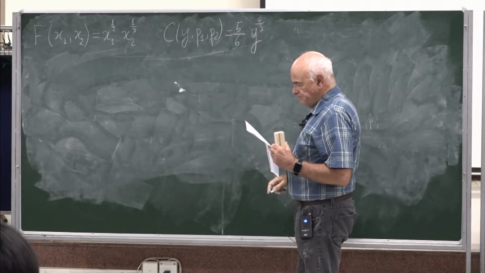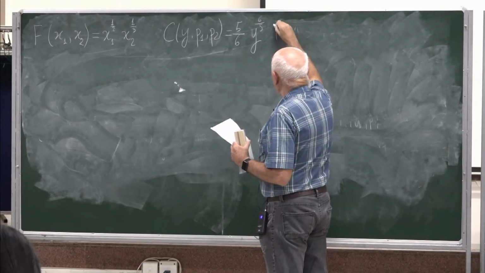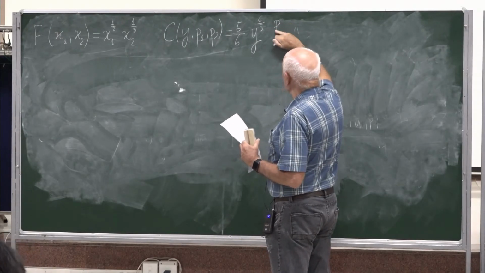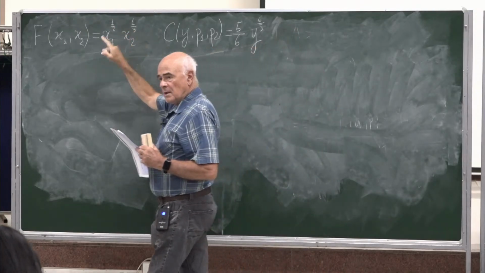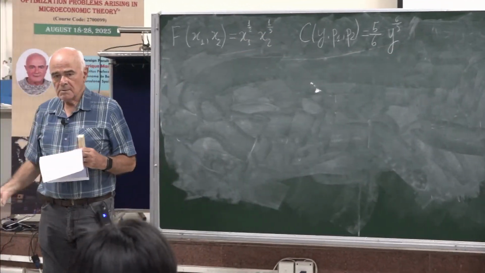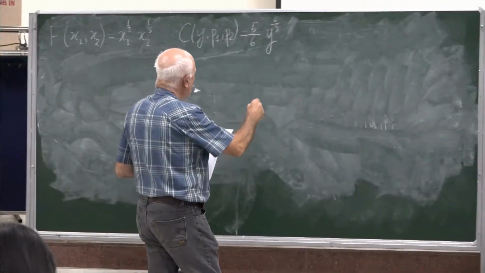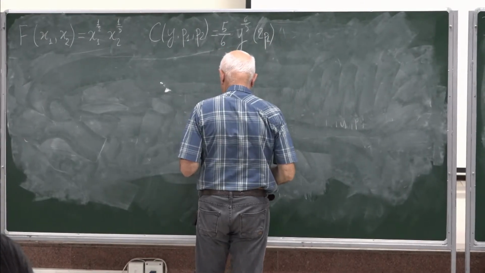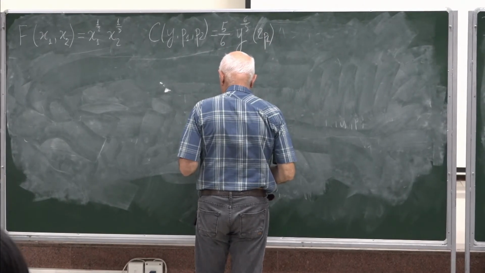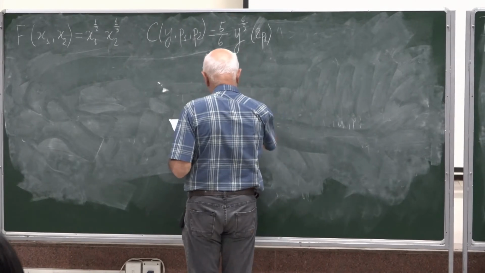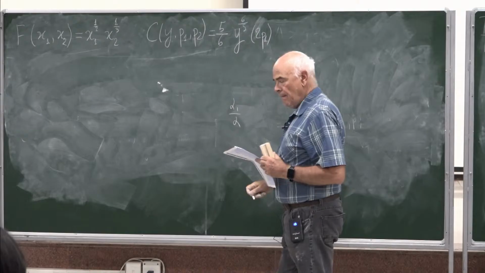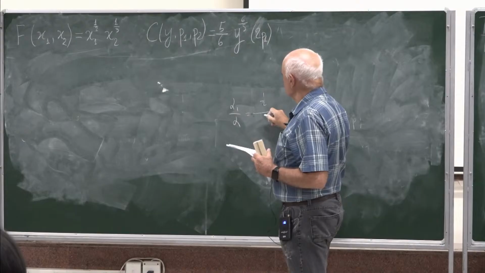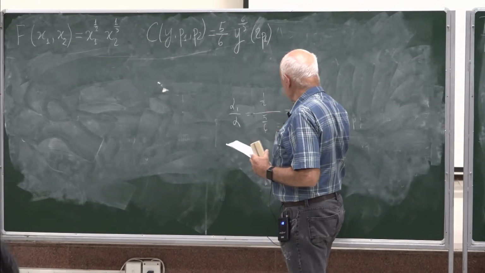And then P1 divided by alpha 1. So divided by 1/2 means twice P1, to the power alpha 1 divided by alpha. Alpha 1 is 1/2, alpha is 5 over 6. So this is 3 over 5.